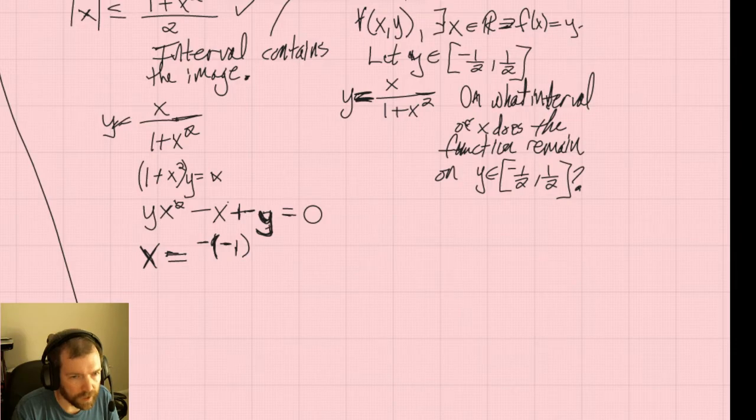So negative 1 plus or minus... I figured it out now. Okay, this is stupid, but the square root. B squared is going to be our negative 1 that we have here.